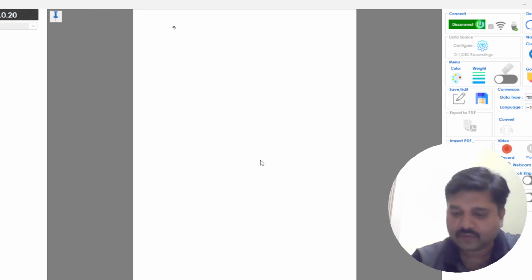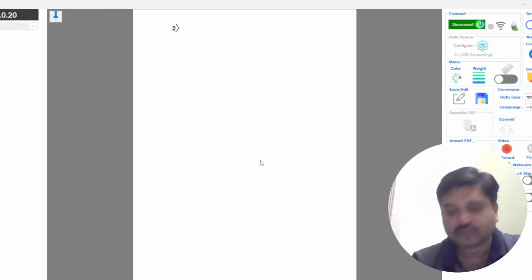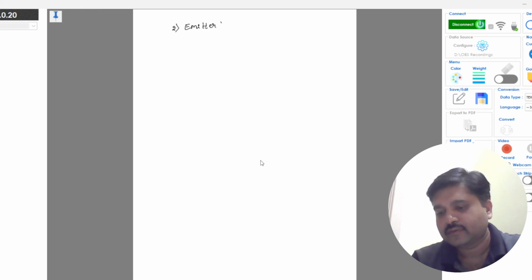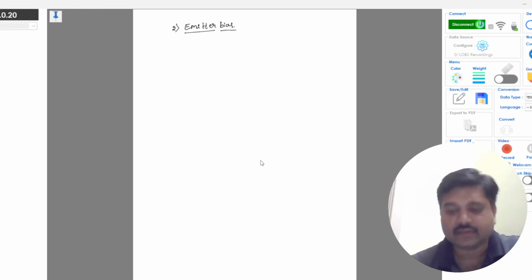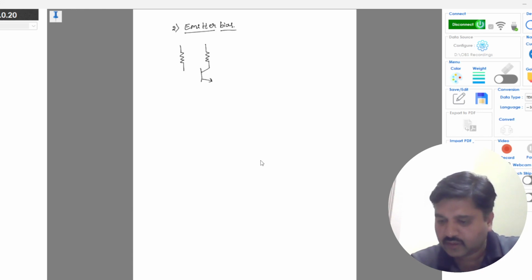So the second one is emitter bias. I will modify the same circuit for emitter bias. So emitter bias means you will have an additional resistance RE, that is the emitter resistance.